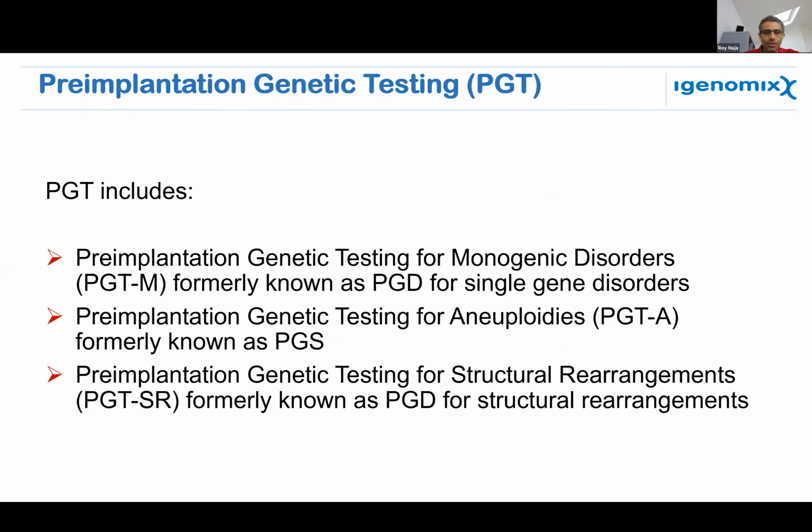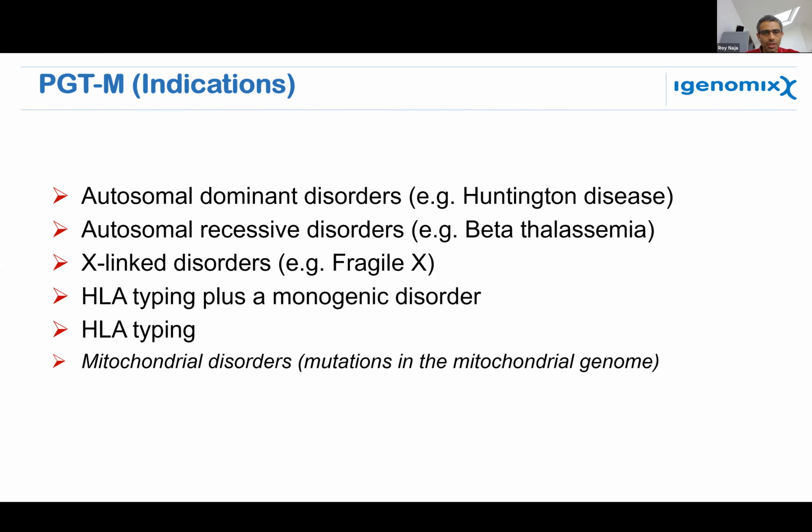Then you've got pre-implantation genetic testing for aneuploidies, PGT-A, which was formerly known as PGS or pre-implantation genetic screening. And last but not least, we've got PGT-SR, or pre-implantation genetic testing for structural rearrangements, that was formerly known as PGD for structural rearrangements. A little bit confusing, but it's good to be familiar with the new terminology.